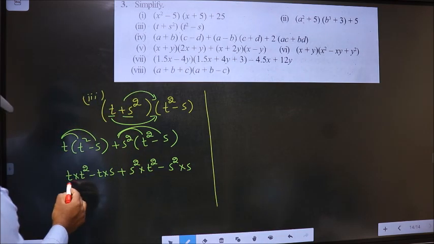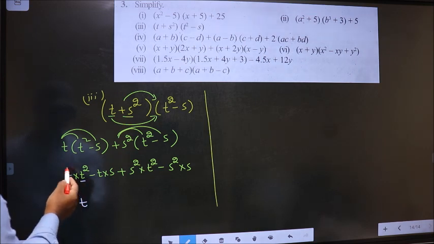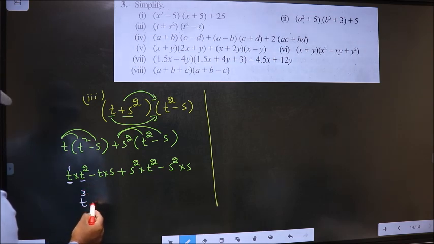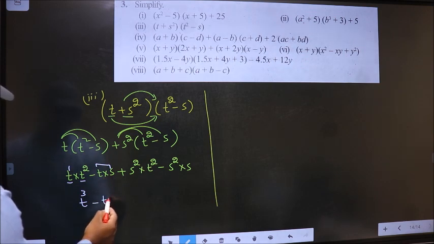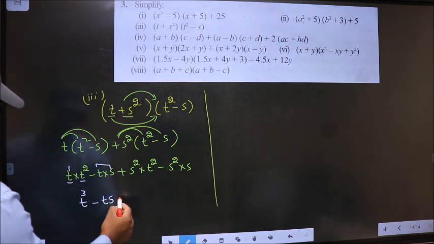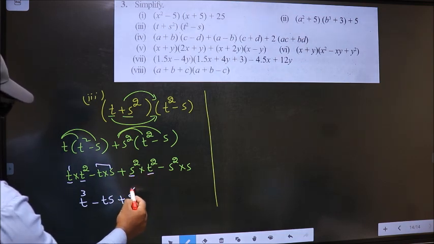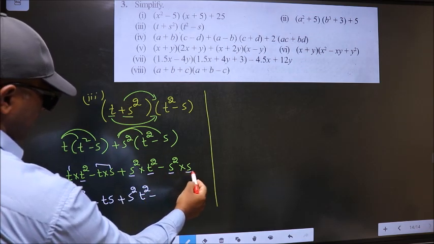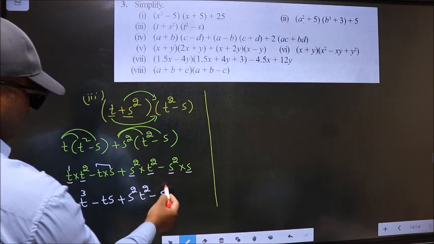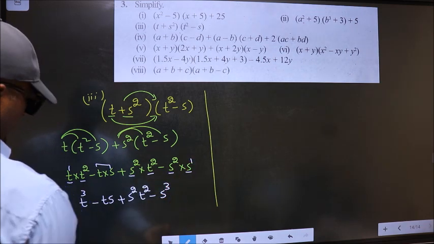Now here t, so we get t, and the power will be the sum of the powers, that is 1 plus 2, 3, minus here the letters are different, so they will remain like that only, plus here also the letters are different, so they will remain like that only, minus here s, so you write s, and the power is, add the powers, 2 plus 1, 3.